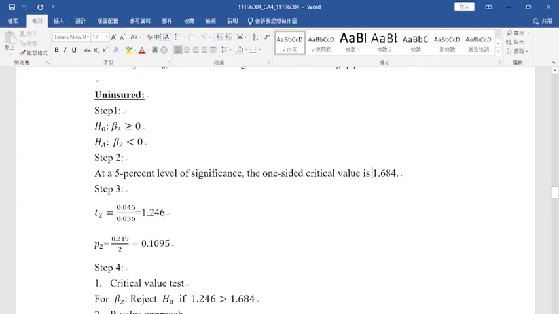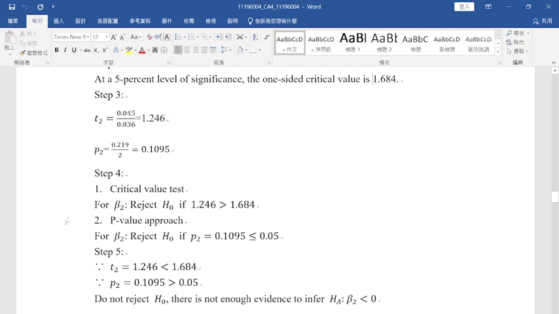Yeah, it should be negative. So the rejection rule is if the t statistics is smaller than the critical value, we reject the null hypothesis.